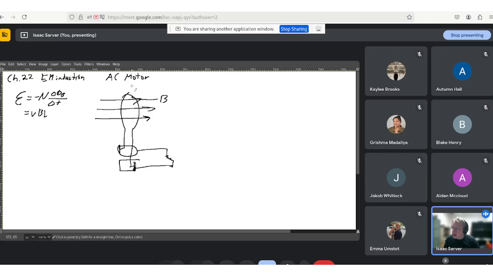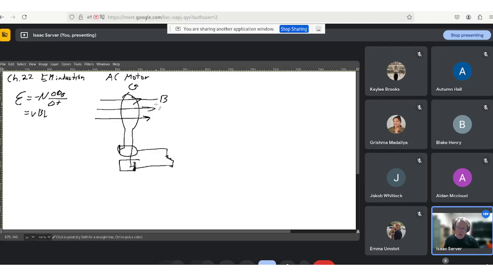And so this guy is going to rotate, like so. And because we have a rotating loop of wire in this magnetic field, we're going to be changing flux. So I have a loop of wire in a magnetic field, and its area vector A is going round and round.